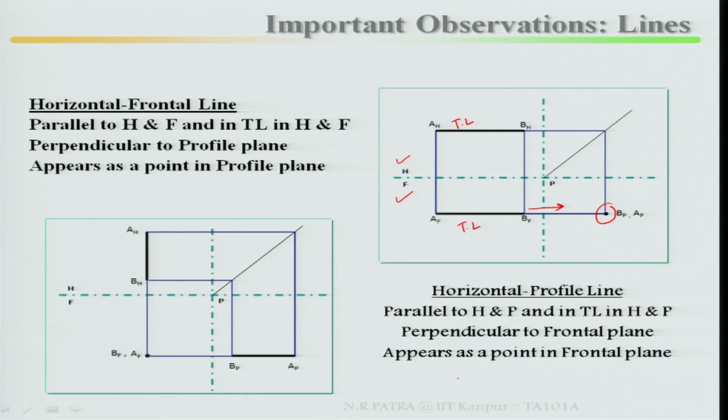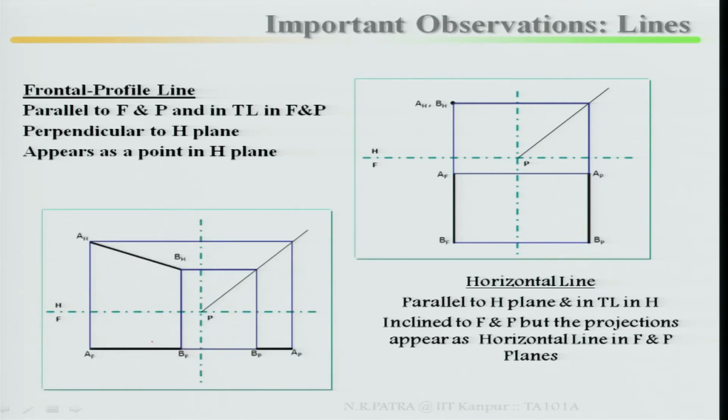That means the line is parallel to the horizontal plane and parallel to your profile plane, so both these are in true length. However, it appears as a point in the frontal plane. If I look from this side, it appears as a point in the frontal plane.